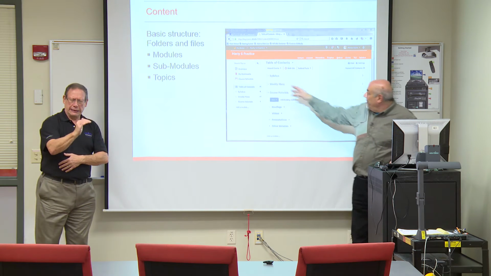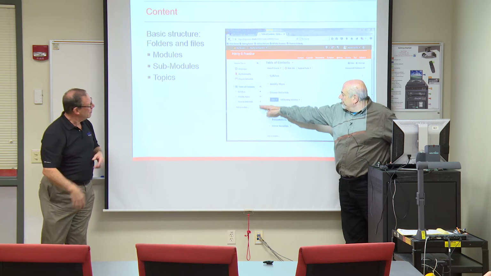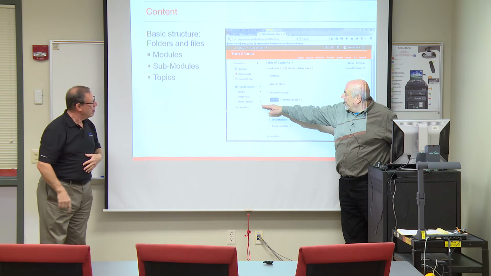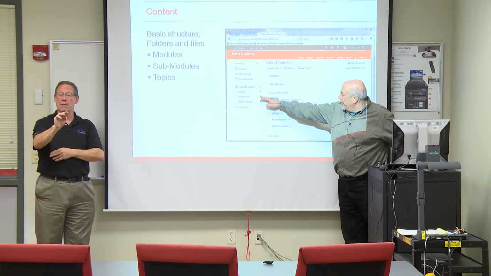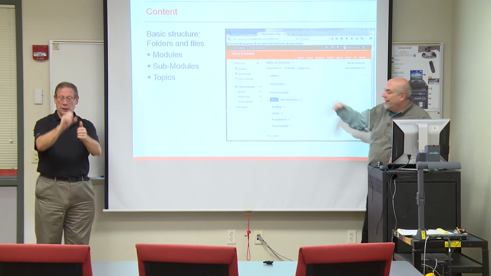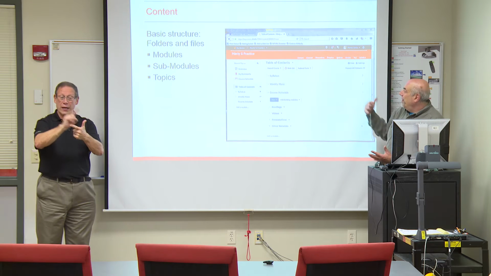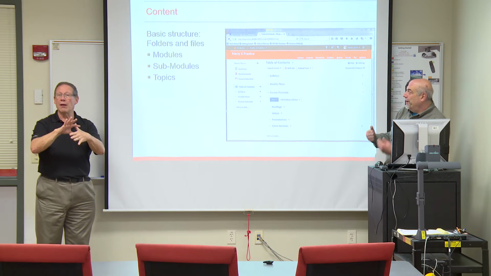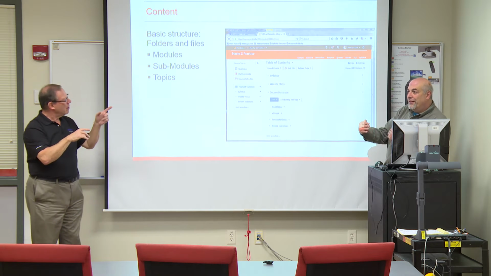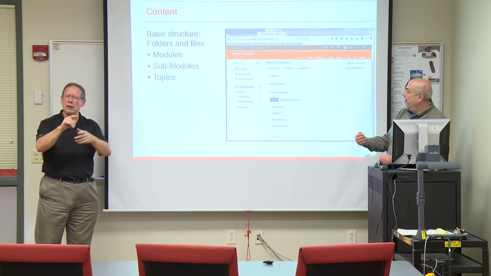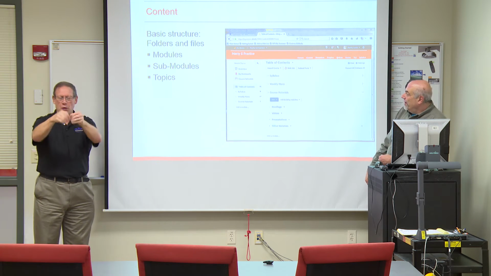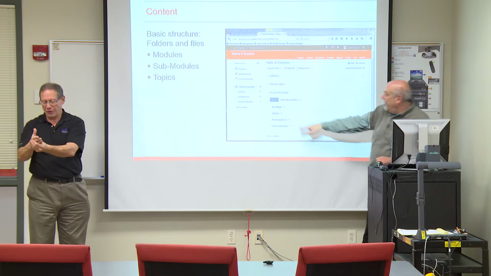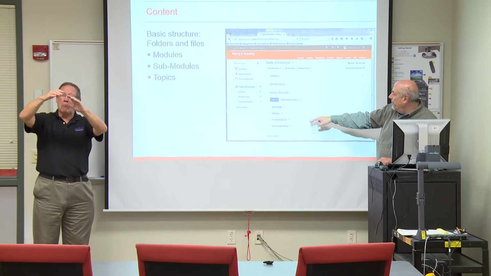So for example, in this one, there's really just 3 main modules: syllabus, weekly plans, and course material. And I'll get into this. The way to look at the table of contents is basically as a series of folders, subfolders, and individual files in there. So modules are the top level, and they'll show there, but you can also have submodules.